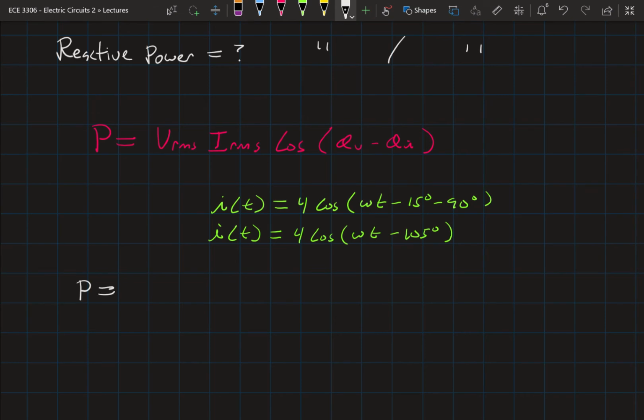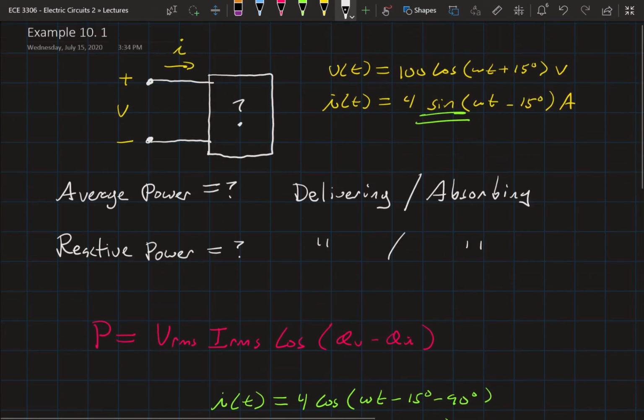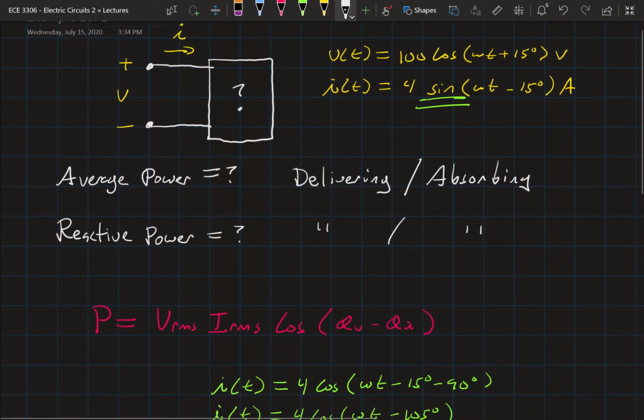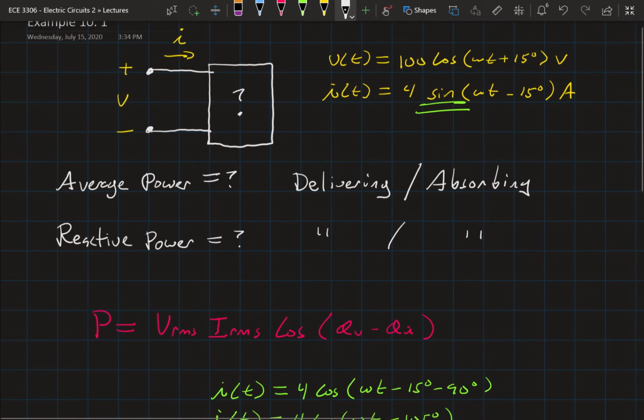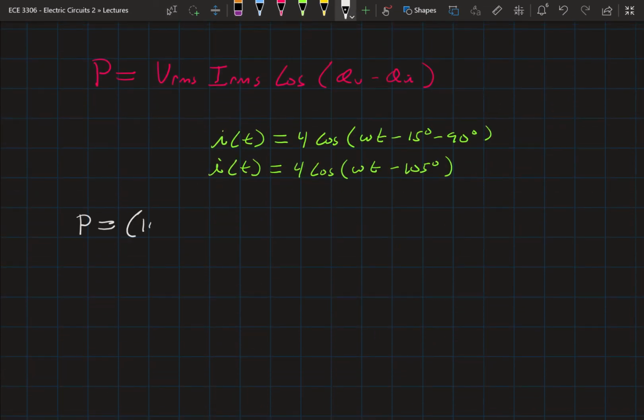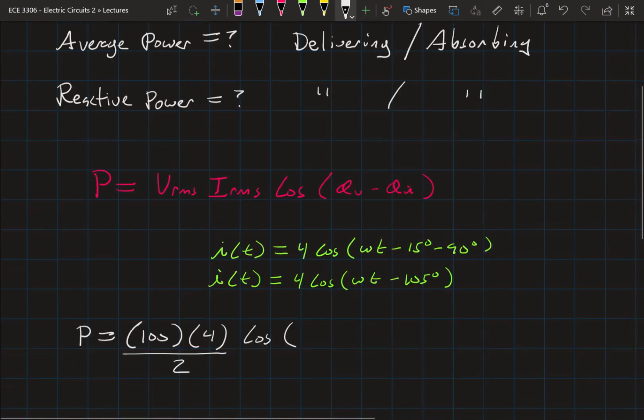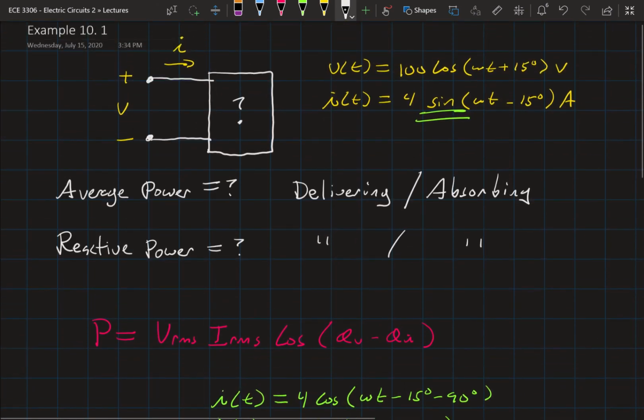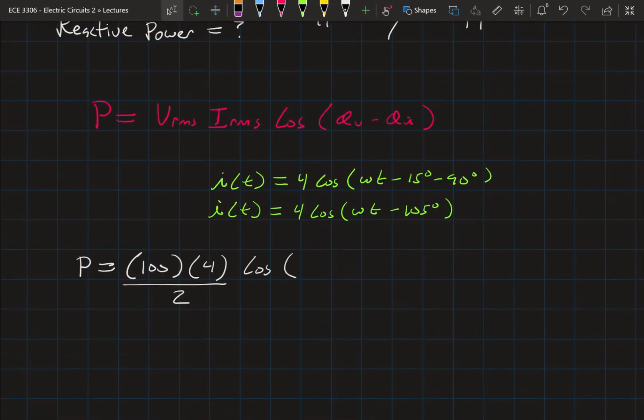We'll have that P is equal to V RMS times I RMS. We'll write it in the original way that we were given it, 100 times 4 over 2, times the cosine of theta V minus theta I, so the cosine of 15 degrees minus negative 105 degrees.